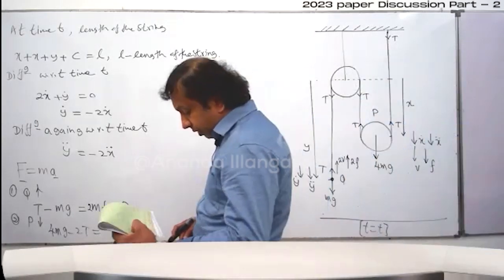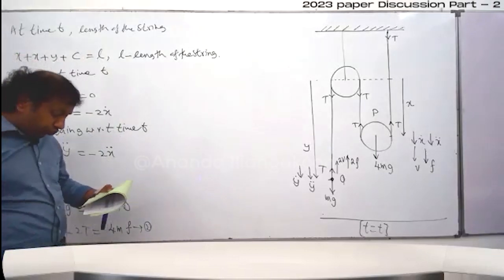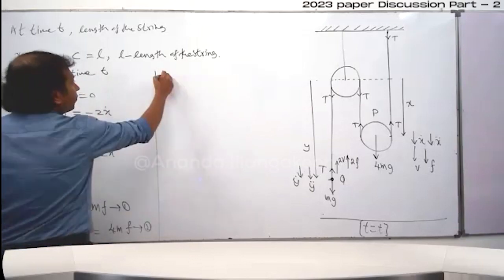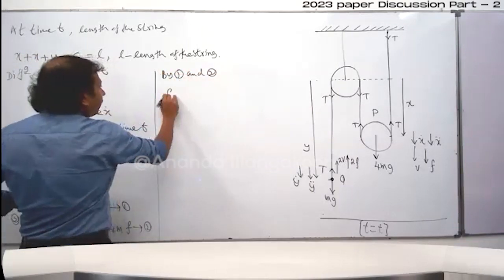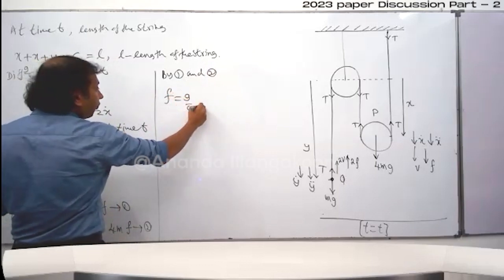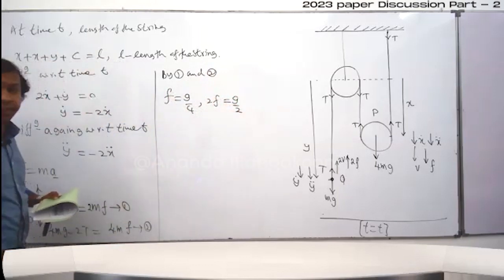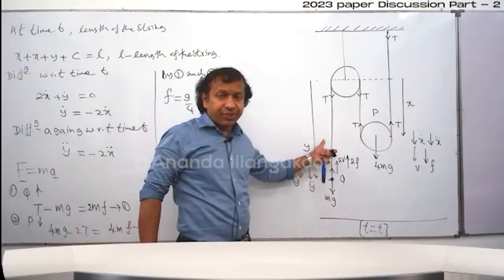Yes, by solving 1 and 2, we get f as g by 4. Then 2f comes as g by 2. Right, 2f means the acceleration of this q in the upward direction.